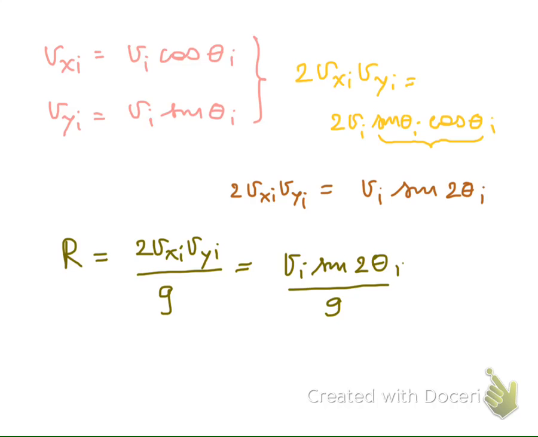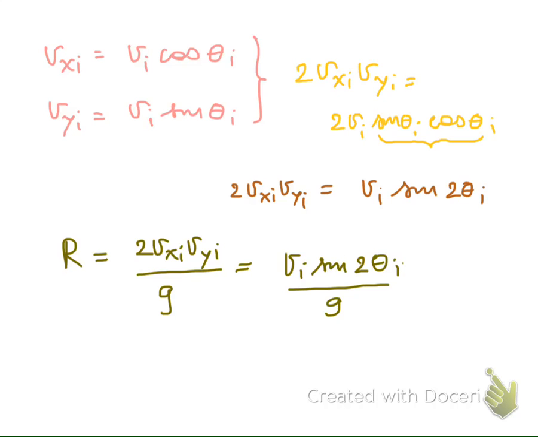This result gives us the well-known fact: if we fire a projectile with the same magnitude of initial velocity, what is the angle of the initial velocity that will give the maximum value of the horizontal range?